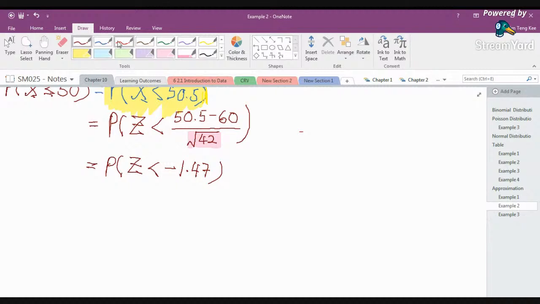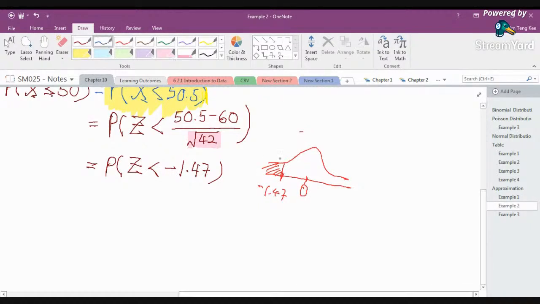And once I've done my standardization, if let's say I have no idea how to proceed, always confirm from a bell-shaped diagram. Middle is 0. Negative 1.47 is somewhere on the left of 0. The region is referred to as less than, so this is the one I shaded in red.